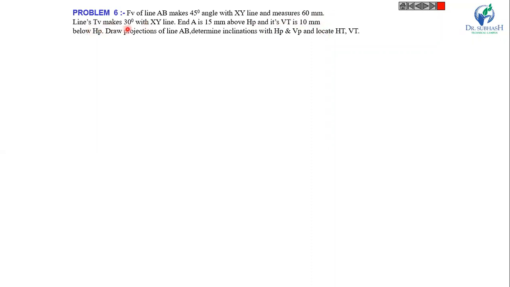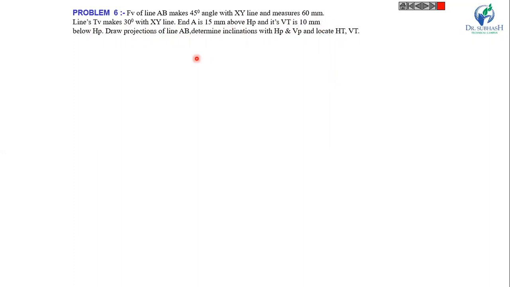The line's top view makes 30 degrees with the XY line, and A is 15 mm above HP and its VT, vertical trace, is 10 mm below HP. Draw projections of line AB, determine inclinations with HP and VP, and locate HT and VT.